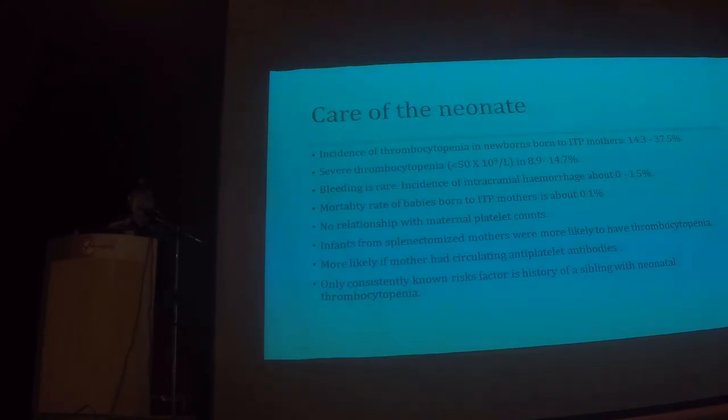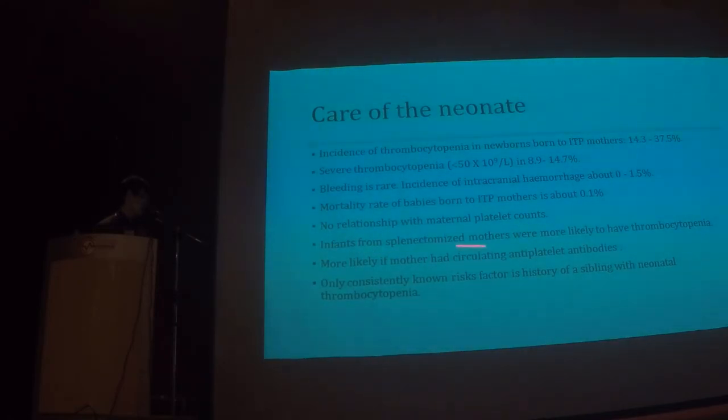Now, the neonate can have thrombocytopenia. On average, severe thrombocytopenia, less than 15, occurs in a median value of about 10%. Fortunately, this is rare, although there is a risk of ICH, and mortality is not zero, and there is no relationship to maternal platelet counts.